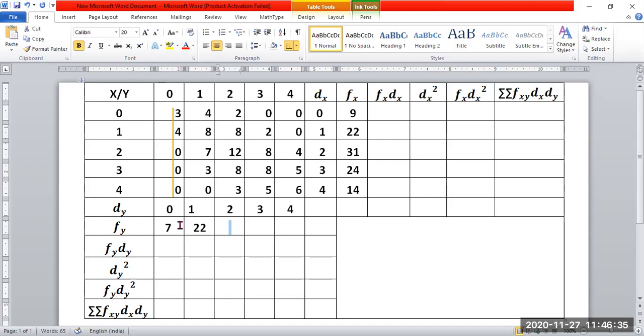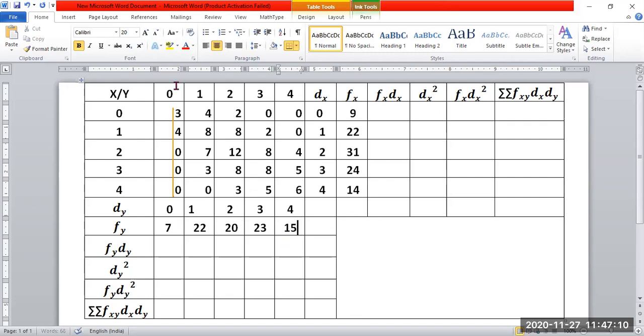The next one: 2 plus 8 plus 7 plus 3, 20. The next one: 2 plus 8 plus 8 plus 5, 23. The last one: 4 plus 5 plus 6, 15.